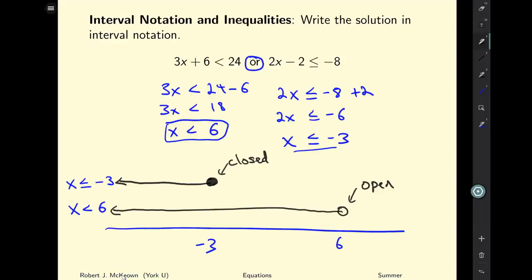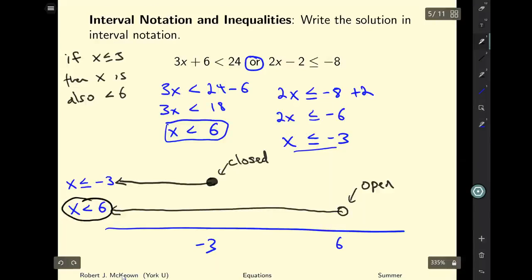Before we move over to ALEKS though, maybe I should point out that if x is less than or equal to -3, then x is also less than 6. And since either one of these inequalities has to hold, the correct answer is going to be x must be less than 6.